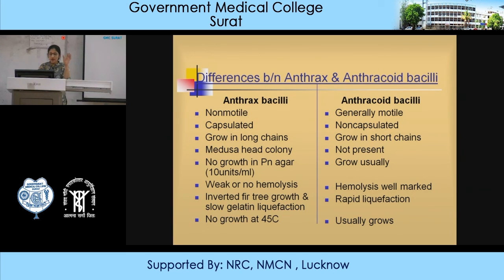Weak or no hemolysis is seen in anthrax, while hemolysis is well demarcated in anthracoid bacilli. The inverted fir tree appearance is shown, and there is rapid liquefaction of the gelatin media. There is no growth at 45 degrees Celsius for anthrax, whereas anthracoid usually grows at 45.